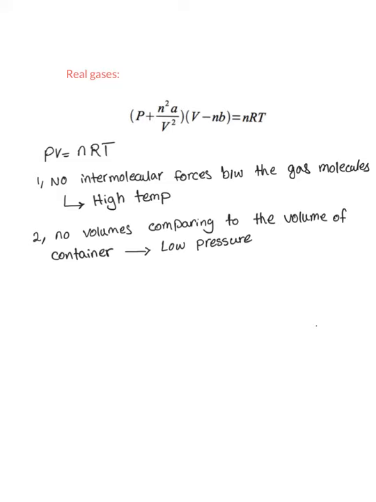However, if we decrease the temperature, particles move slower, so they can build up intermolecular forces. Therefore, we add the term n²a over V² as an adjustment for intermolecular forces to the formula.